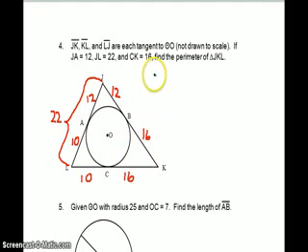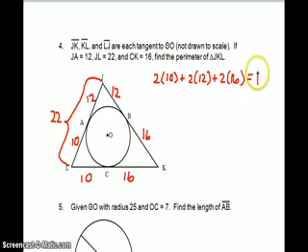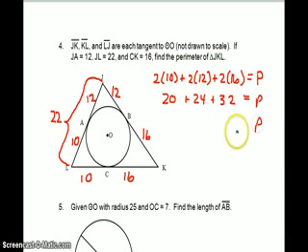It's 2 times 10 plus 2 times 12 plus 2 times 16 equals the perimeter. So it's 20 plus 24 plus 32. Perimeter equals 76. No units were given, so we'll leave it at that.